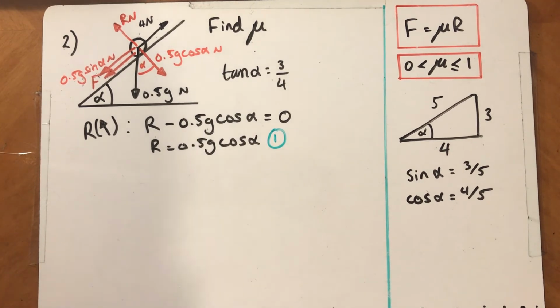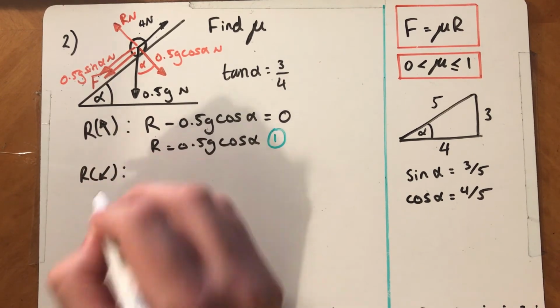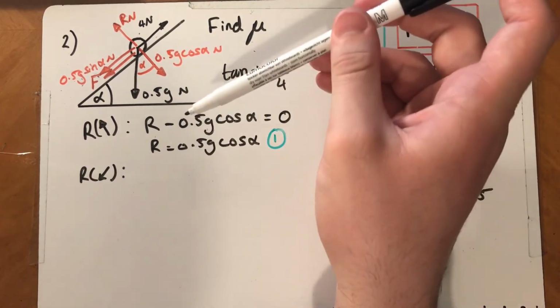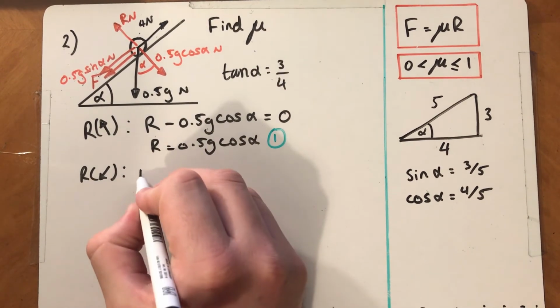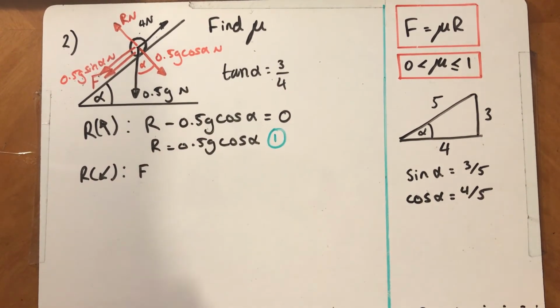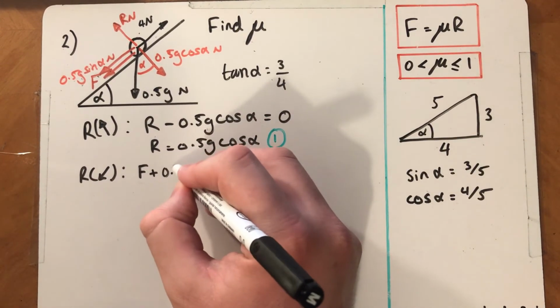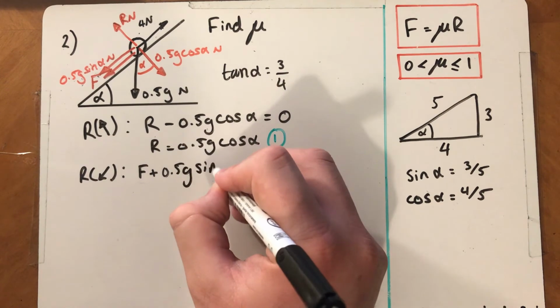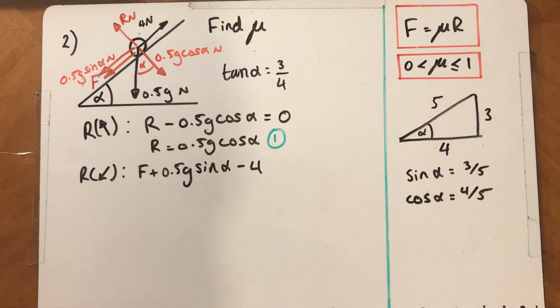So now the next thing I can do is I can resolve down the plane, keeping this direction as positive. Okay, so I know that friction is acting down the plane, it's positive, plus another positive force again acting down the plane, 0.5 g sine alpha, minus that 4 newtons, the force that was given in the question, because that's acting up the plane.